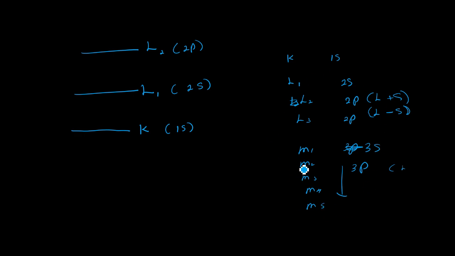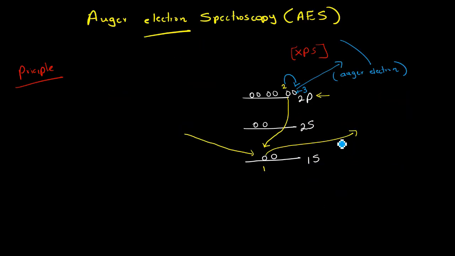Now, we have 3 electrons, or 3 energy levels, involved in our process. When you refer to a particular Auger process, first you have to state the energy level of electron number 1, the electron initially popped out when you give a high energetic electron.